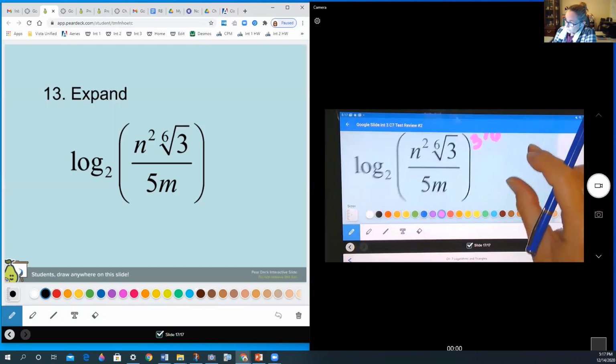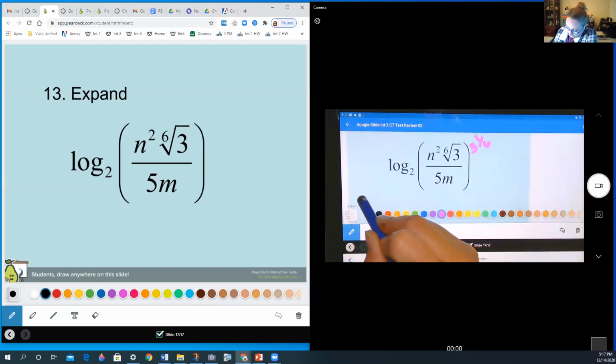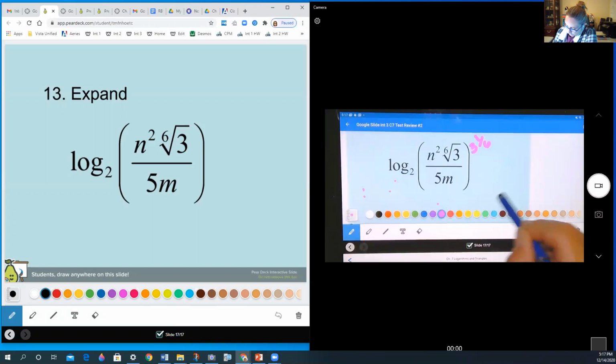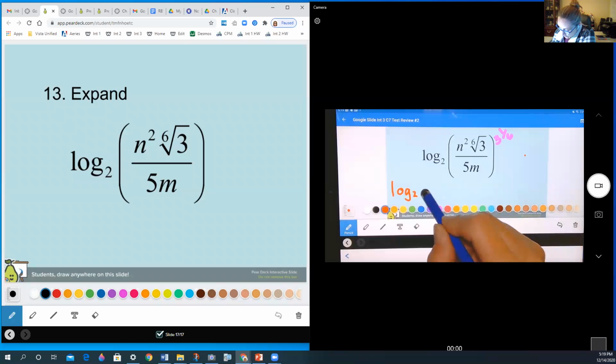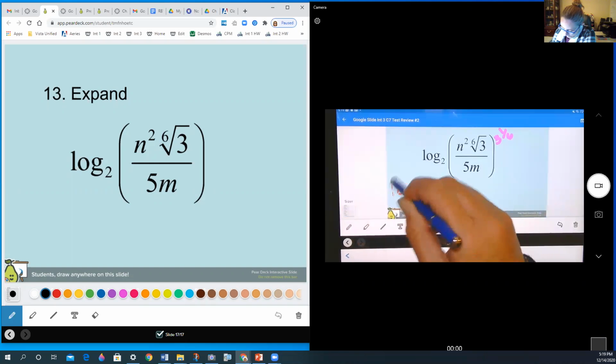Okay, so for this, I'm going to have log base 2, actually I'm going to have a 2 in front of it because of the exponent of 2.